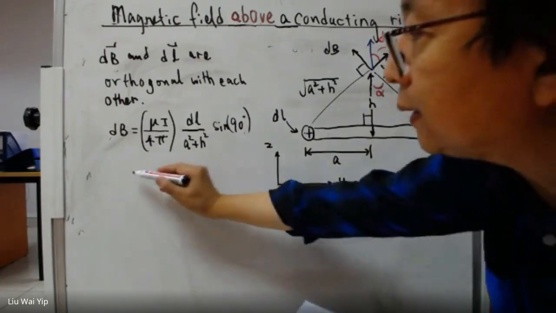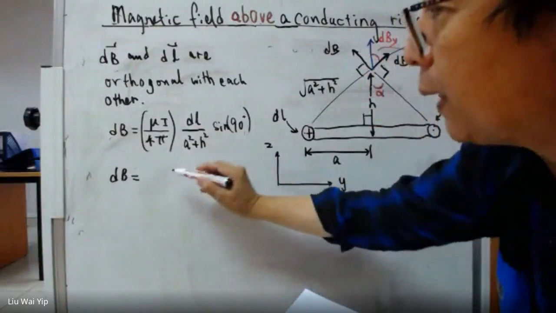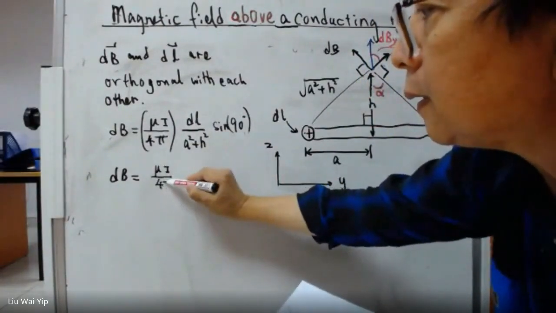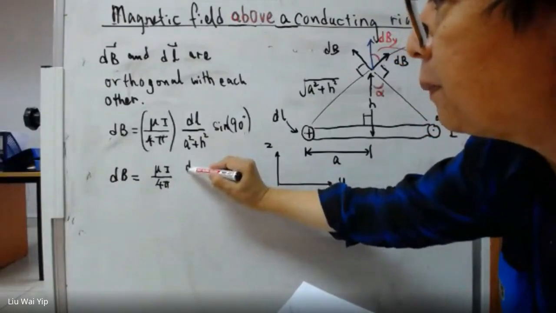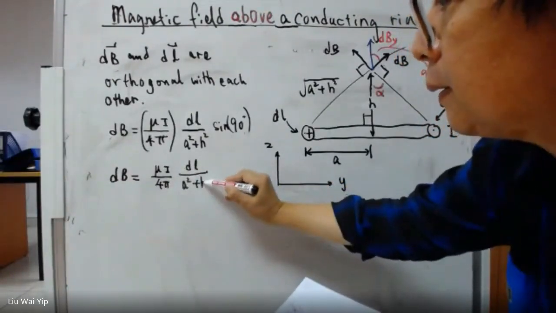So eventually delta B will end up being mu I over 4 pi, delta L divided by a squared plus h squared.